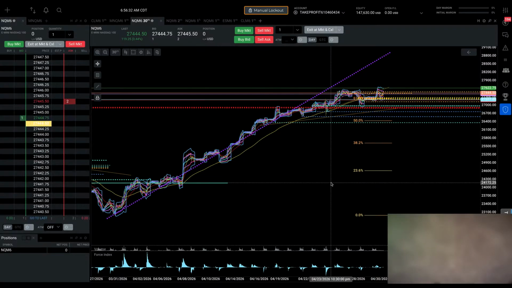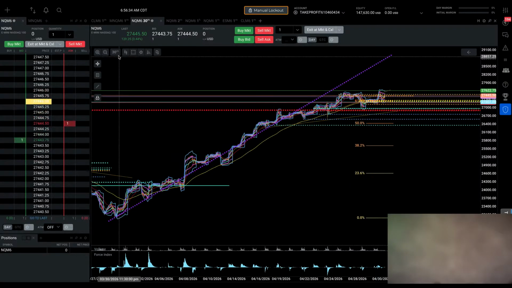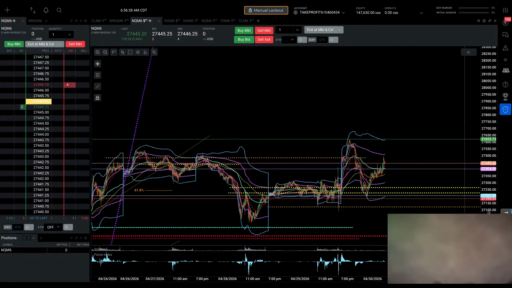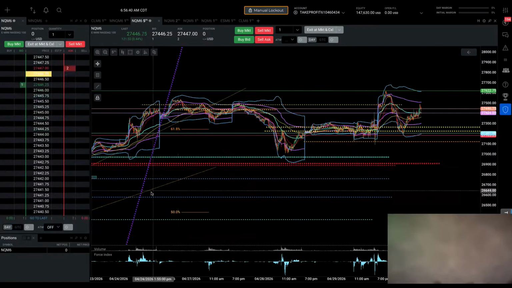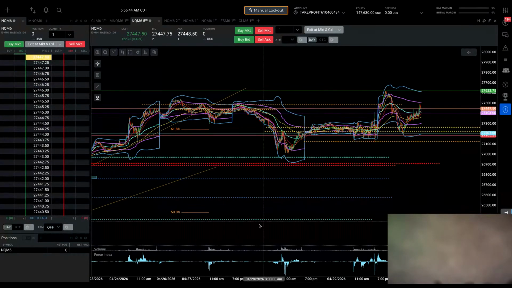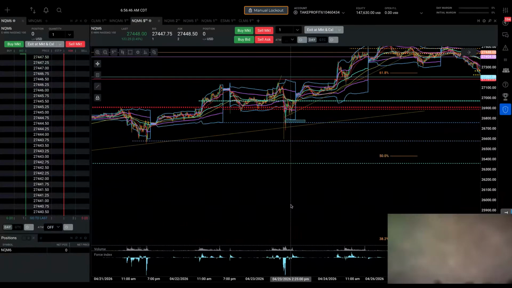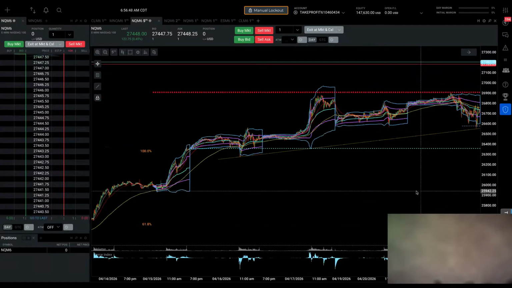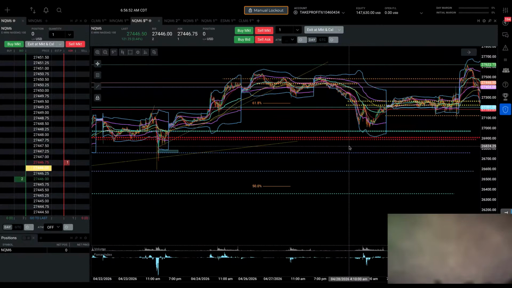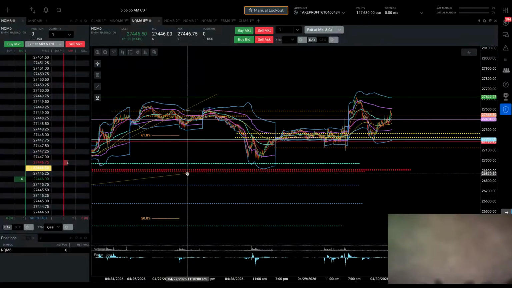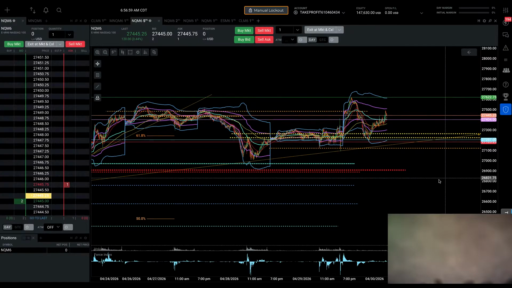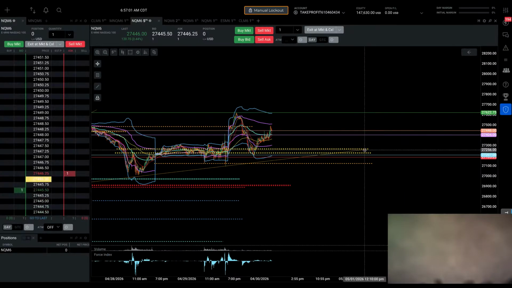Let's get these lines together. Go to the 5 minute. All these lines are messed up here. Okay, this is the one we want here. Okay, so let's do something like this here. There we go.